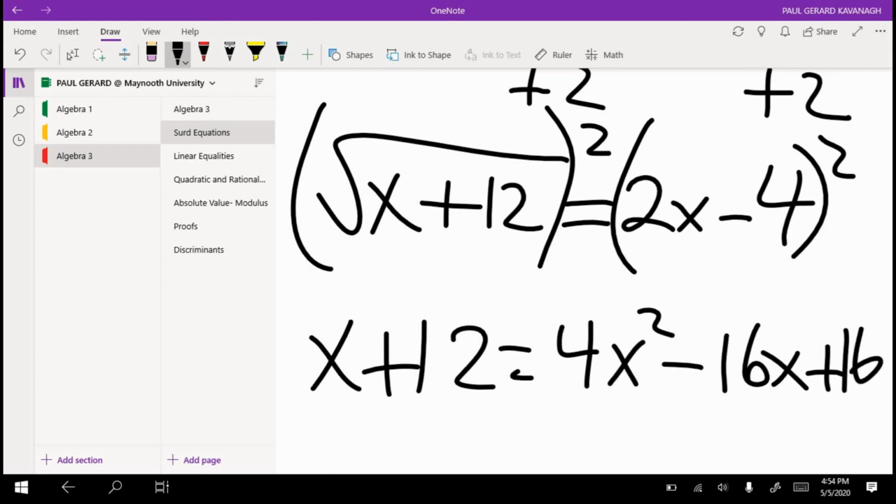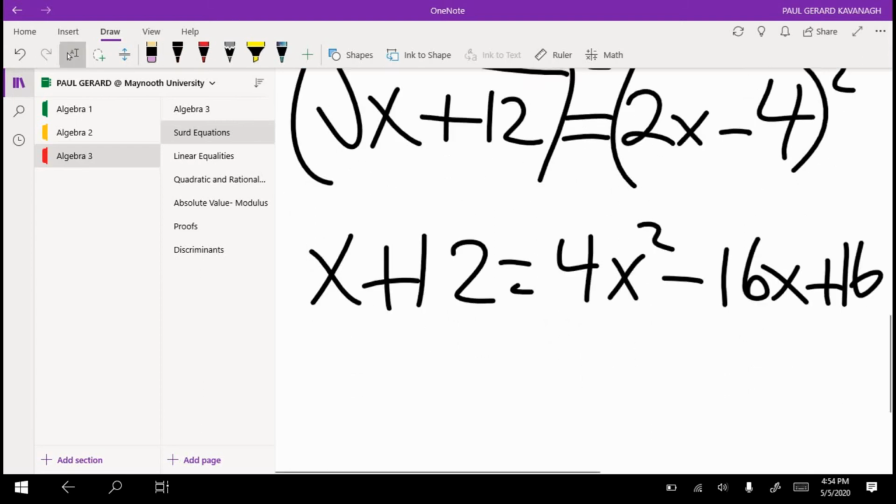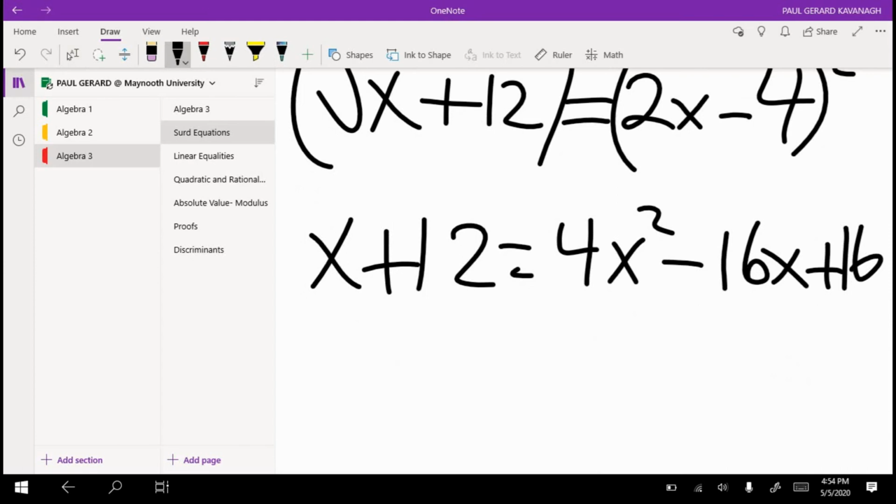Now what you would do in this instance is make it all one equation. So now we're going to say minus x, no, that's wrong, plus x minus 12, and for that side, they're going to cancel out.